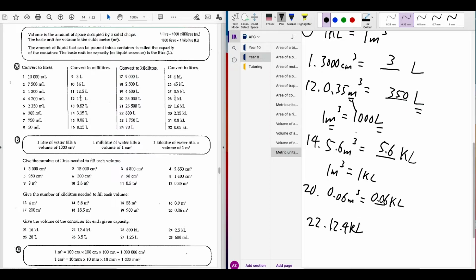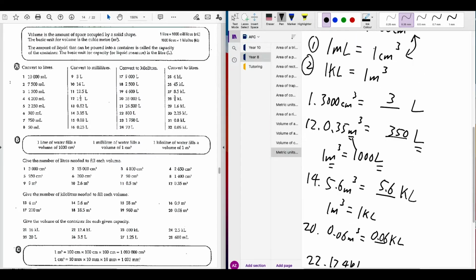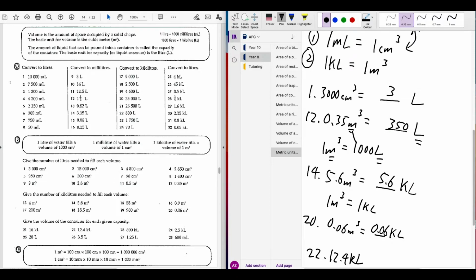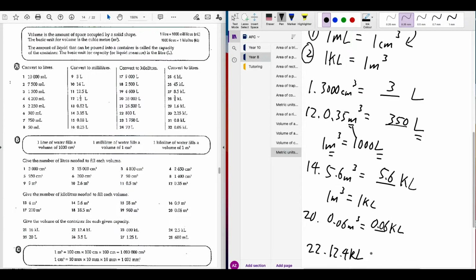Should we use meters cubed or centimeter cubed? I think we're better off using meters cubed, because there's already a relationship that's written there. So how do you convert? Well, if 1 kiloliter equals 1 meter cubed, then 12.4 kiloliters is 12.4 meter cubed, right? And this is how you can write it in the volume unit.